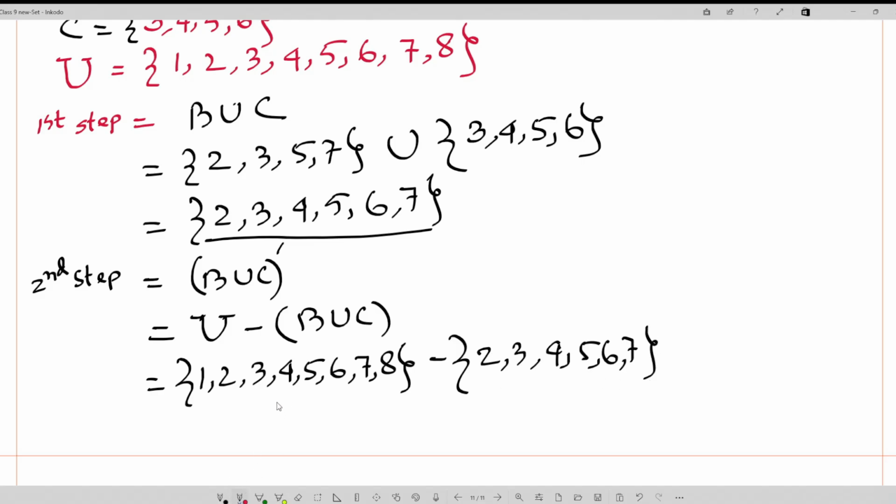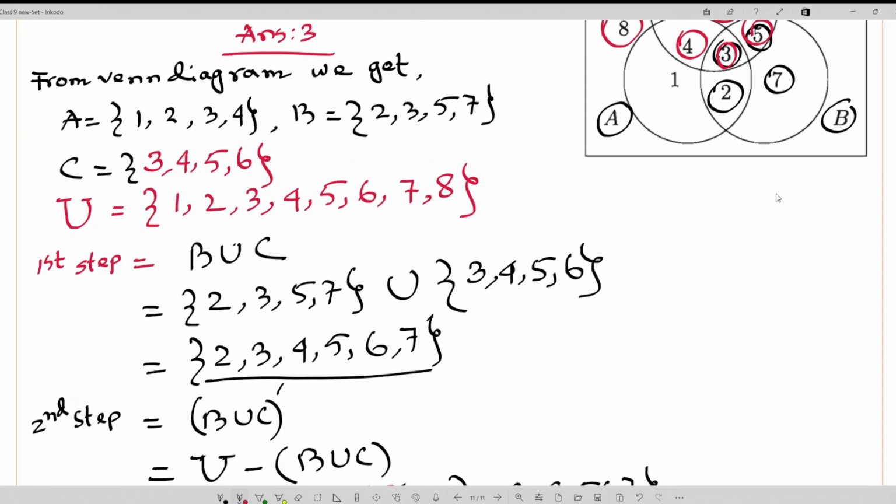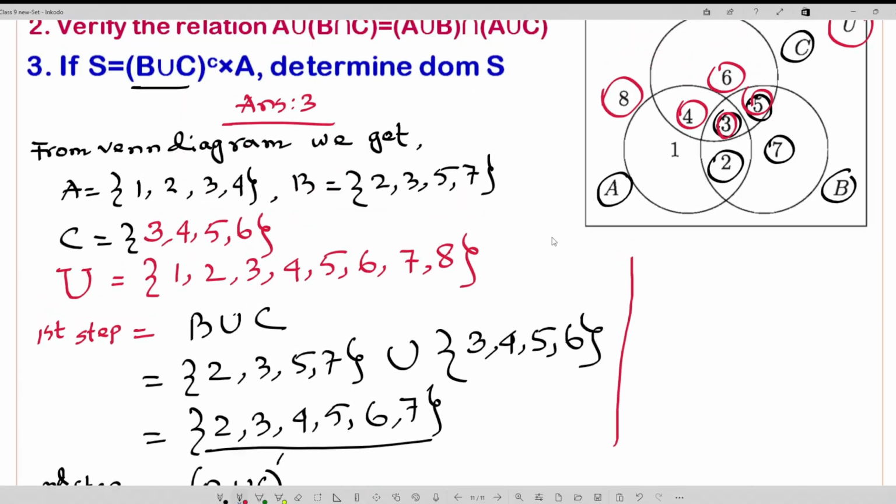So here which ones are common? 2 to 7 are common. Therefore, 1 and 8 are not common, but 2 to 7 everything is common. Therefore the complement set of B union C should be 1 and 8. Okay, so this second part is done.